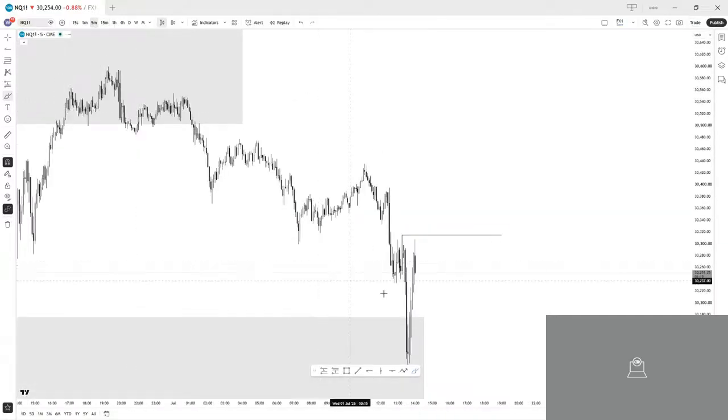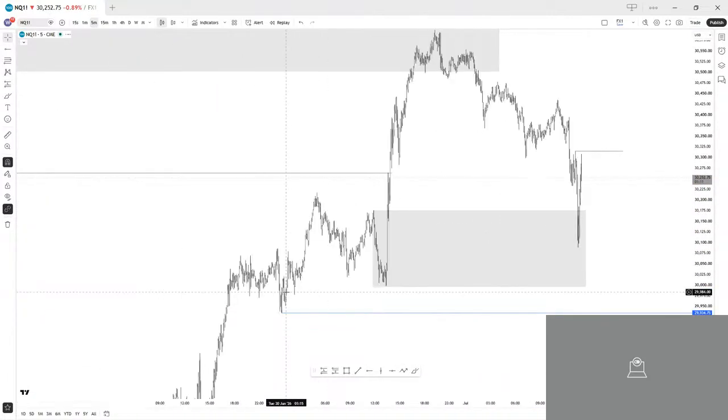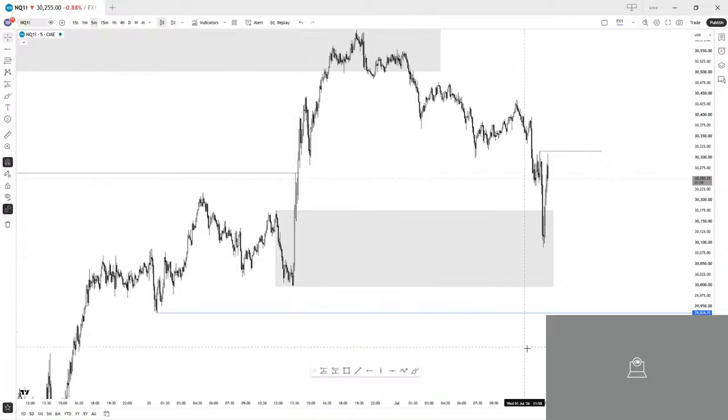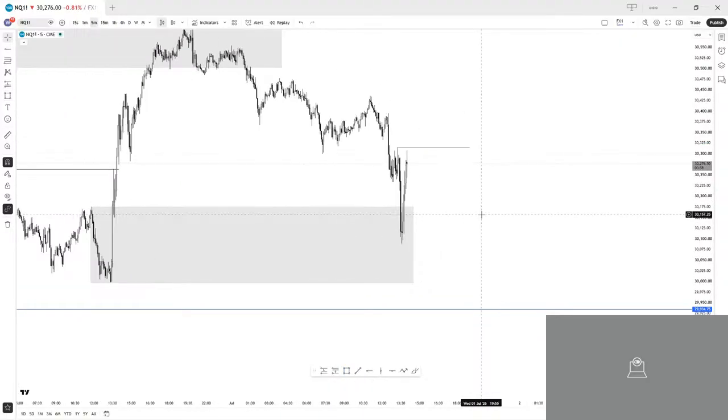We are seeing some selling on NQ at the moment. Oh, what's this? Let's see what will happen. Currently, we are mitigated with this zone to the left. So we have to see.